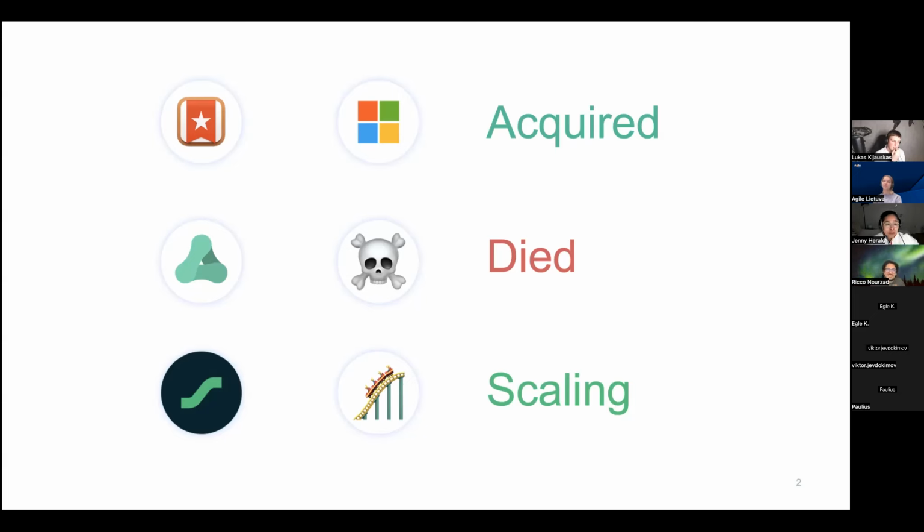My first was with Wunderlist. If you're familiar with the to-do list app, it was acquired by Microsoft years ago. Then I worked as the COO of Hubrick, which unfortunately, like many startup stories, died because we just ran out of money. And then most recently, I just finished up 5 years helping GTM Hub, now called Quantive after the rebrand. It's responsible for helping organizations roll out OKRs at scale as a B2B SaaS platform.